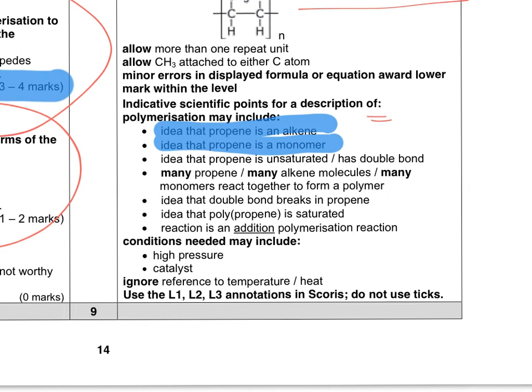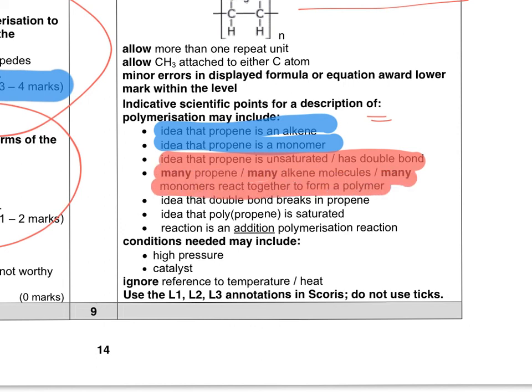The idea that propene is unsaturated and there's double bonds. You can say that many alkene molecules react together to form a polymer. Okay, so there's loads of different things you can have here. What they also want is the conditions needed, and that is high pressure and a catalyst.